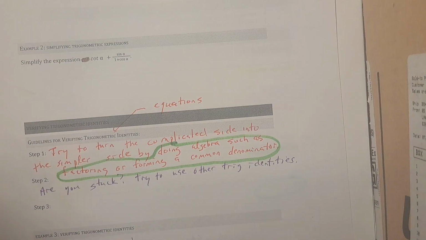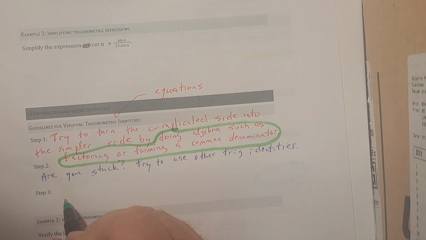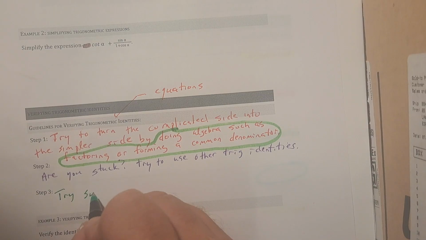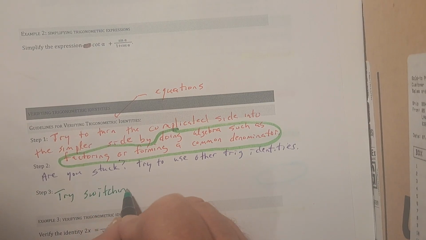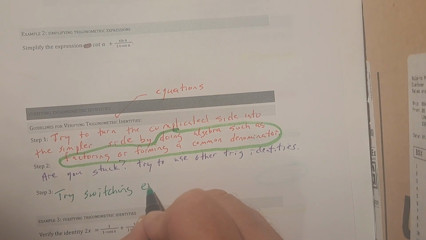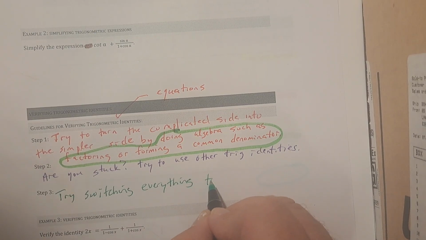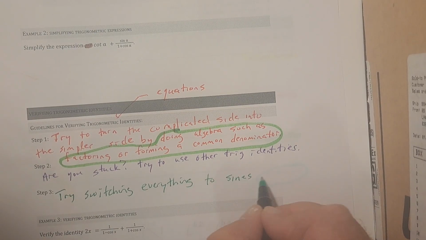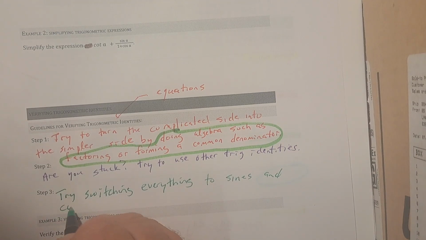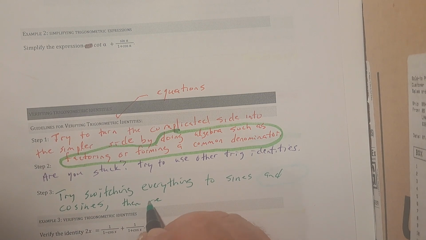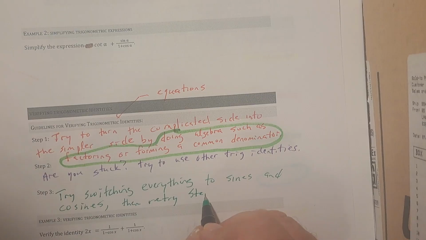What can you do next? So the last thing you could try is switching everything to sines and cosines. Then retry steps 1 and 2.